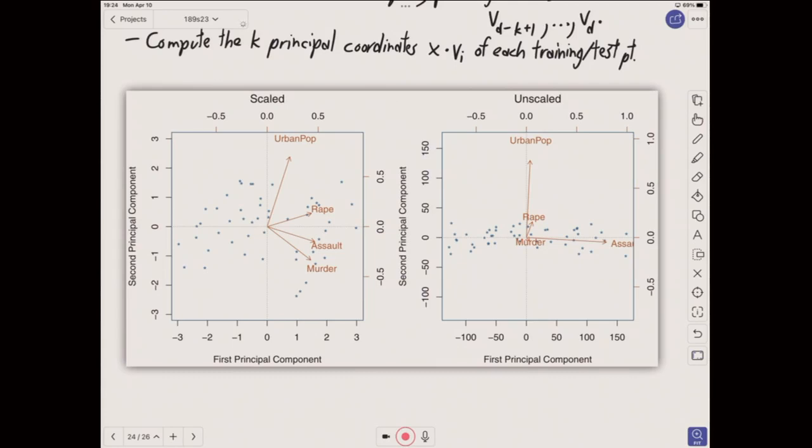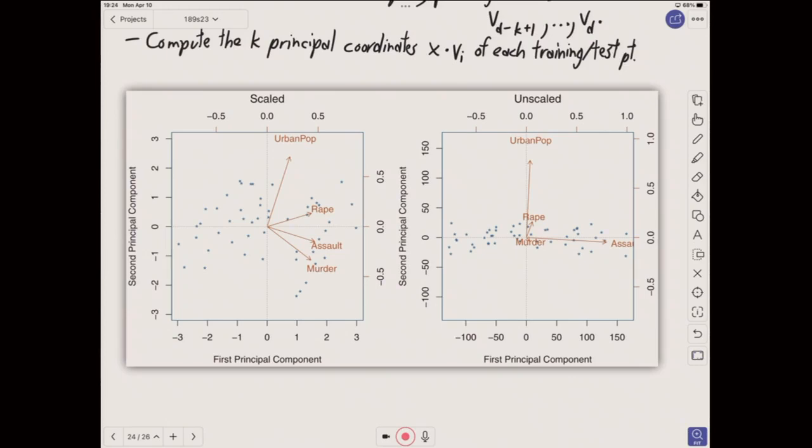We've got a bunch of cities, so each training point is one city. For each of those cities, we have the urban population, and the annual rates of rape, assault, and murder. The question is, should you normalize those four numbers before you do PCA or not?